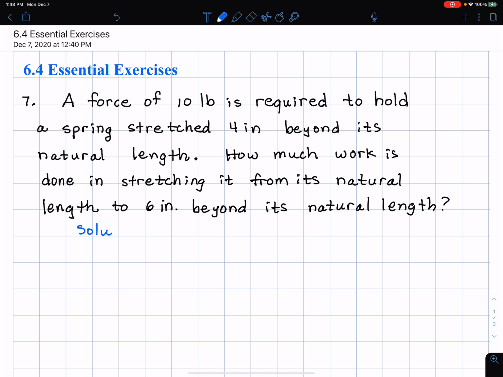The picture is that you have, not necessarily, but I'm going to draw it such that you have a flat surface and we're just going along a straight line, and attached to something like a wall, you have an object. Now the object is being stretched out beyond its natural length.